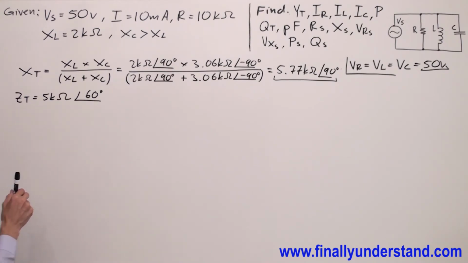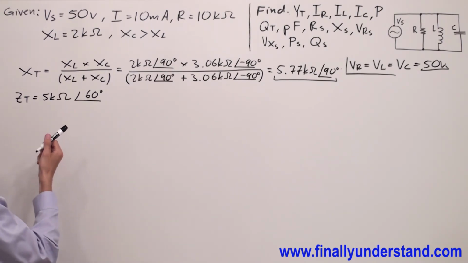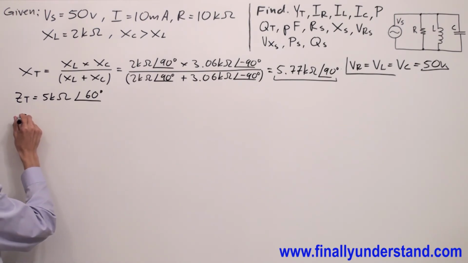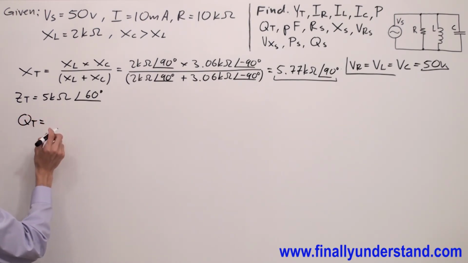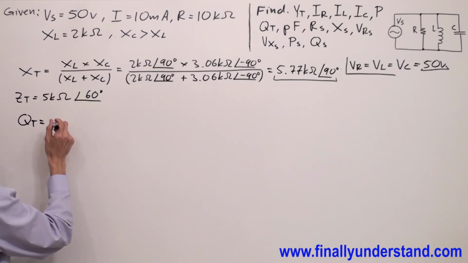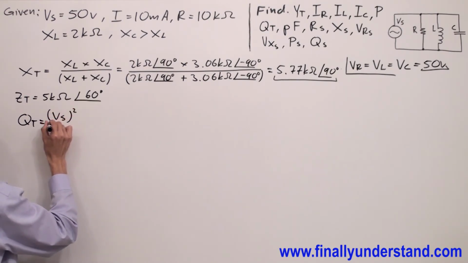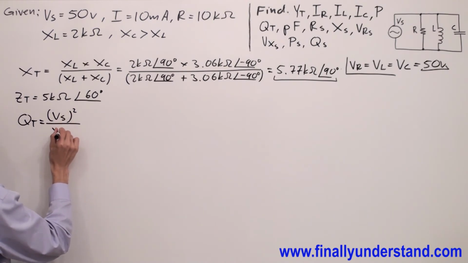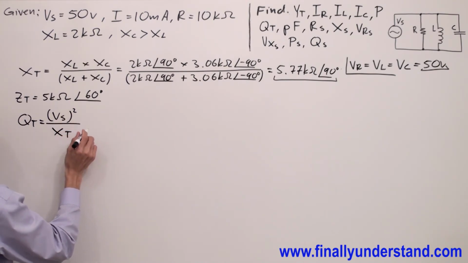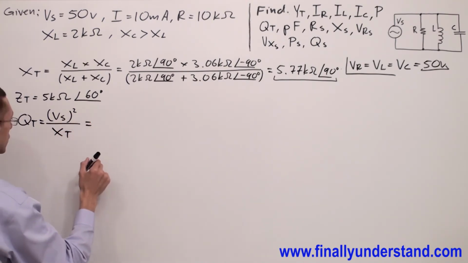Next, we're supposed to find the reactive power. So Q total is equal to the voltage source raised to the second power over X T, the total reactance.